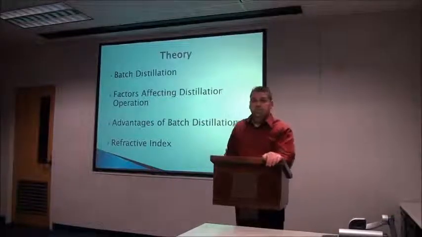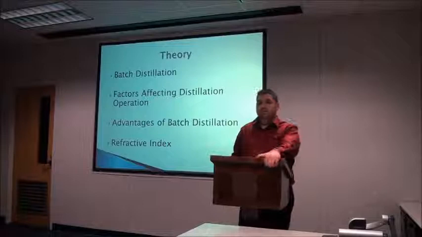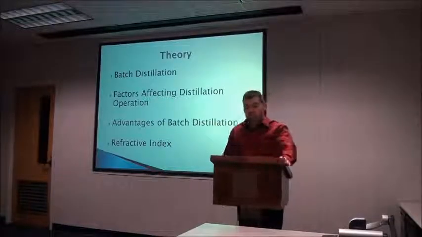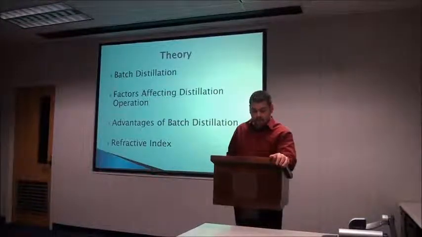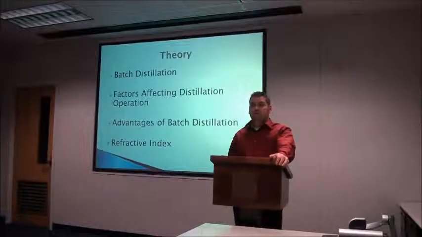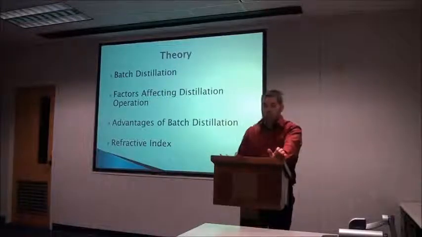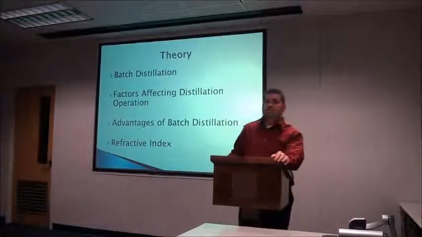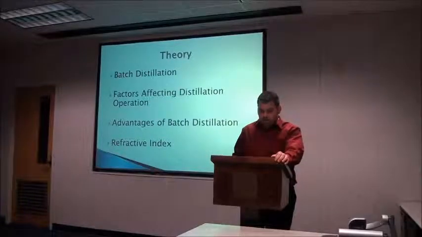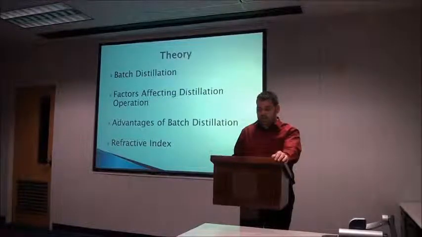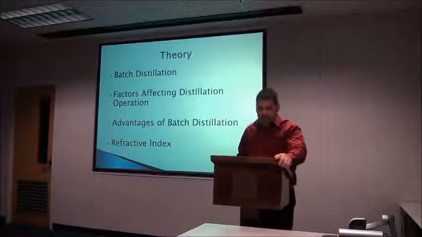The batch distillation is basically a type of distillation where there's a fixed amount of charge that's added at the beginning. The distillate composition varies with time, and the bottom product composition depends on the number of trays and the reflux ratio. Since the composition changes with time, the process is obviously not in steady state.